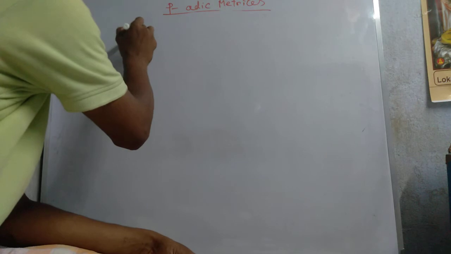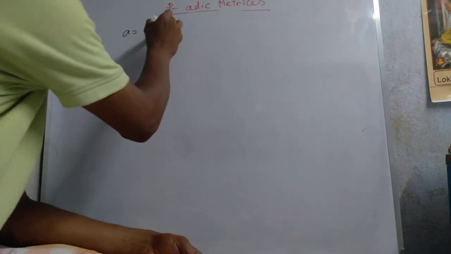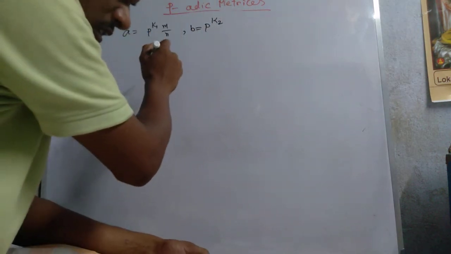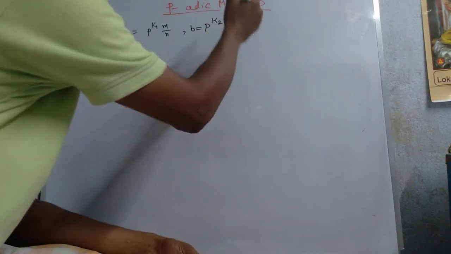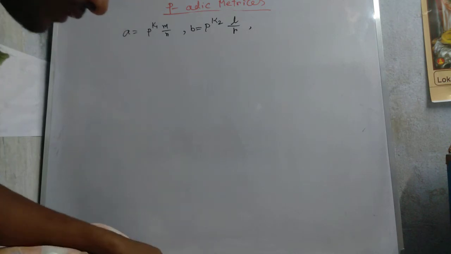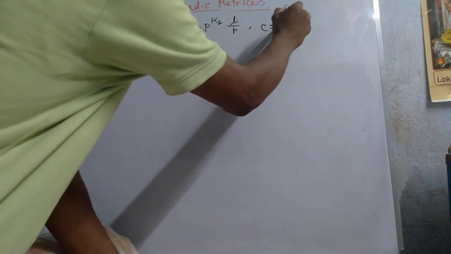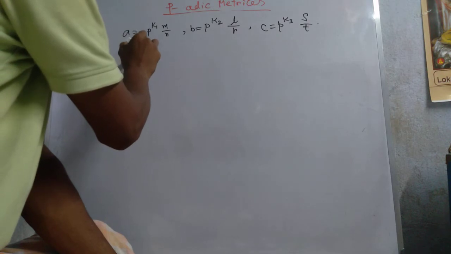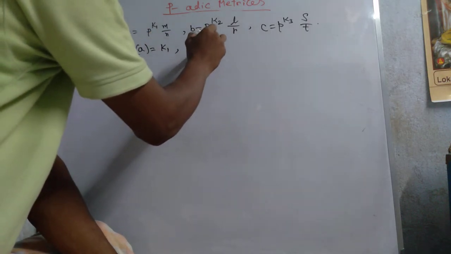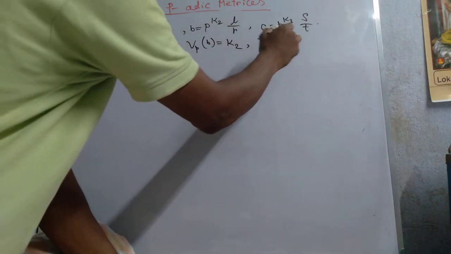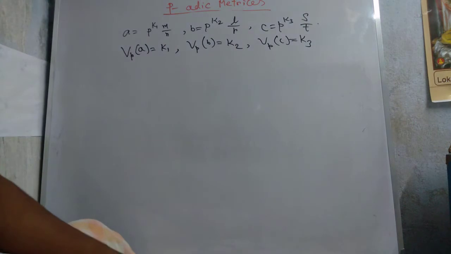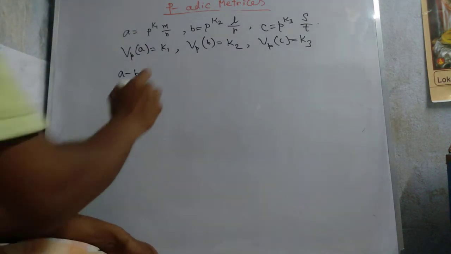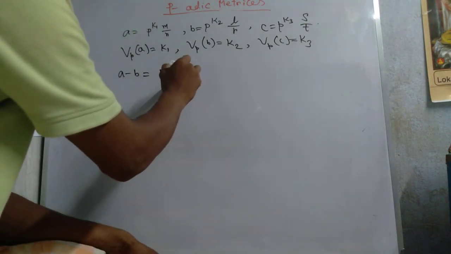We take a equal to p to the power k1 times m by n, b equal to p to the power k2 times l by r, and c equal to p to the power k3 times s by t, where v_p(a) equal to k1, v_p(b) equal to k2, v_p(c) equal to k3.